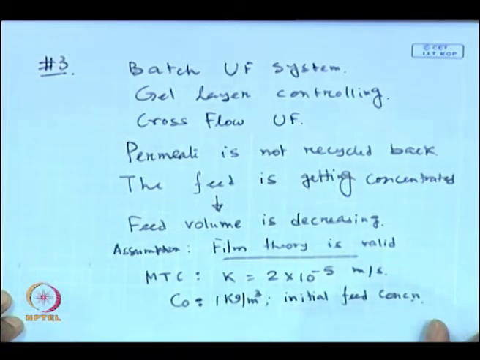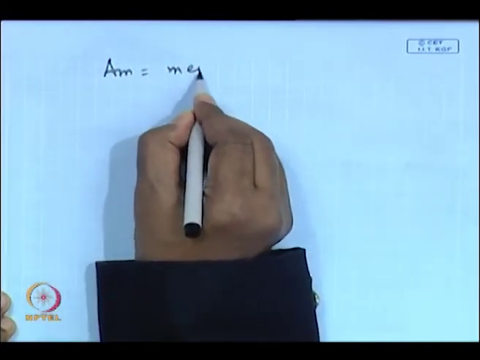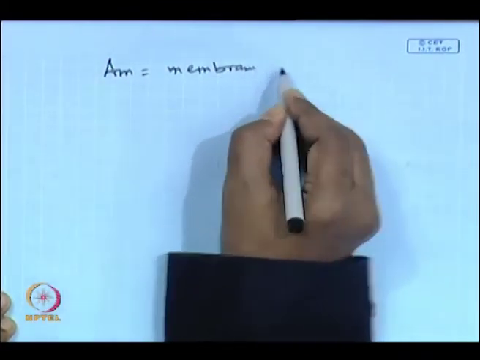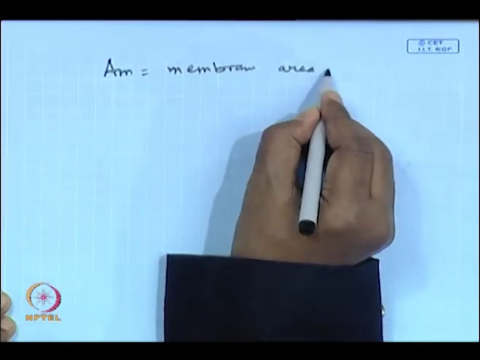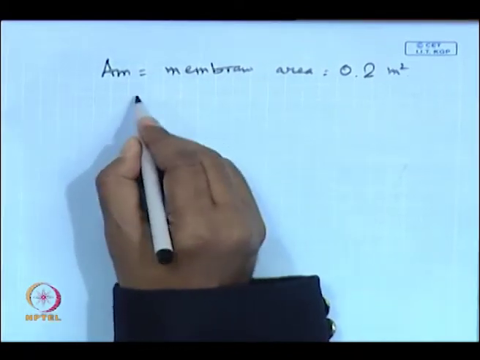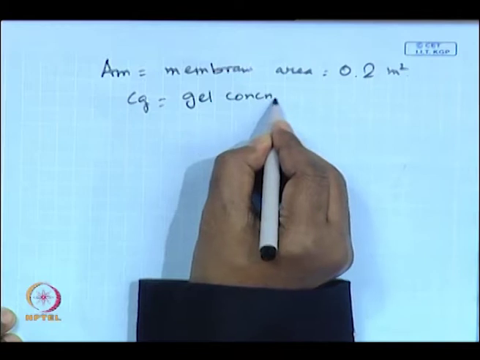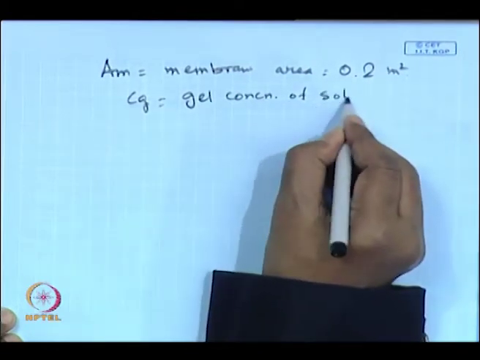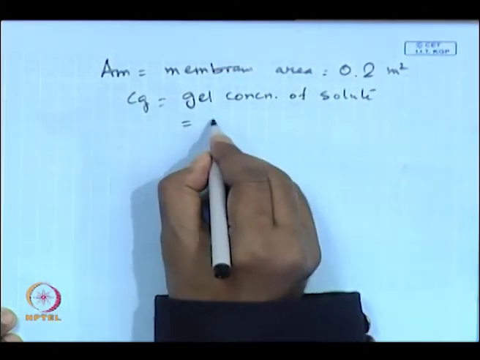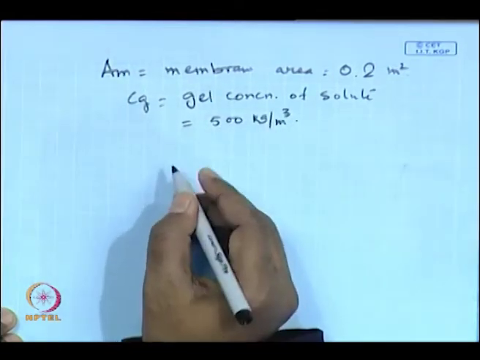The effective filtration area of the membrane is given as 0.2 meter square, and gel concentration of solute is given as 500 kg per meter cube.